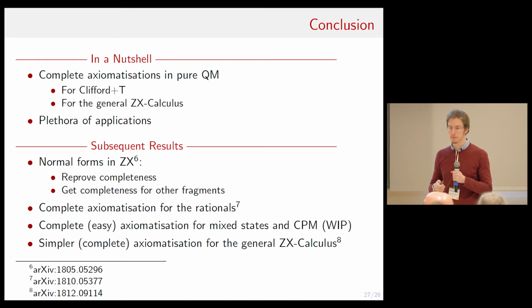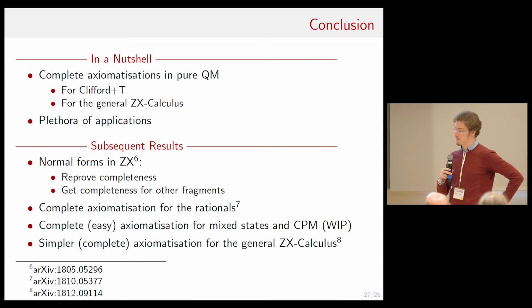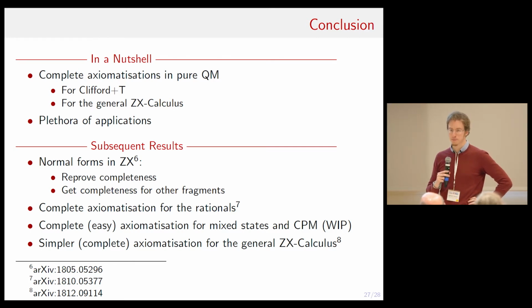A related question is, can you place an upper bound on the number of moves you need to make to get from one circuit to any equivalent circuit? There is an upper bound, but it's pretty bad. It's exponential, singly exponential in the number of qubits.